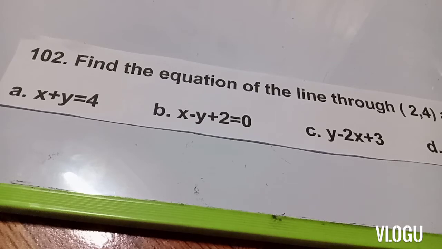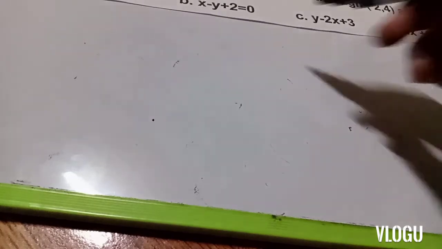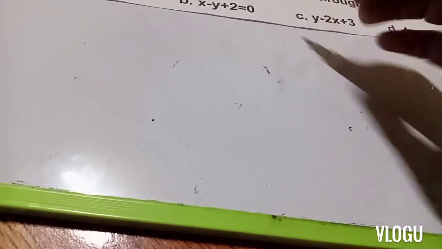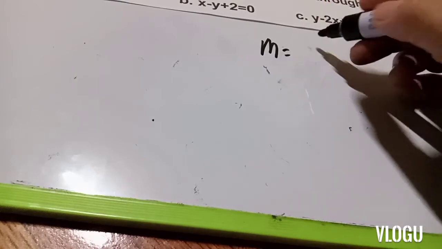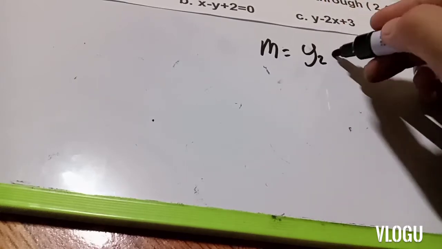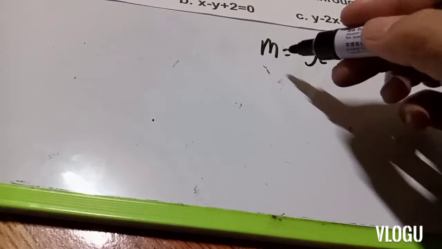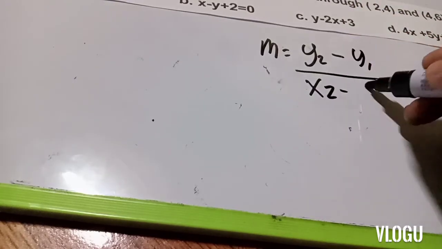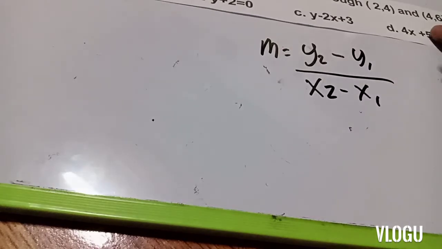We know the formula for the slope. We have m equals y2 minus y1 over x2 minus x1. Our given is (2, 4) and (4, 6).